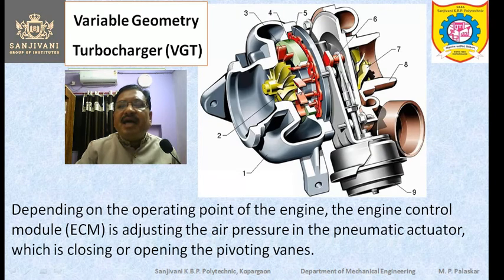So these vanes are turned, and thus they are closed or opened, right? Closing means the area is reduced, opening means the area is increased. So thus we can change the area, and we can change the geometry of the variable geometry turbocharger.